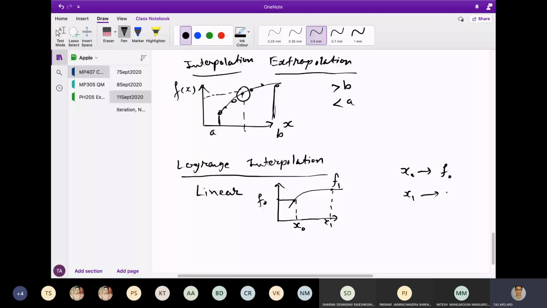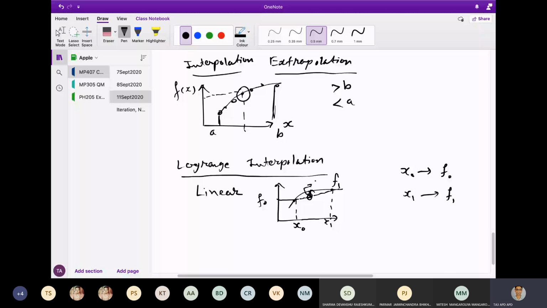If you want to obtain the value somewhere in between these two, you take the linear interpolation, taking a linear curve. So your estimated value comes somewhere here, but the actual value is here. The gap between these two will be the error. This much part will be your error.